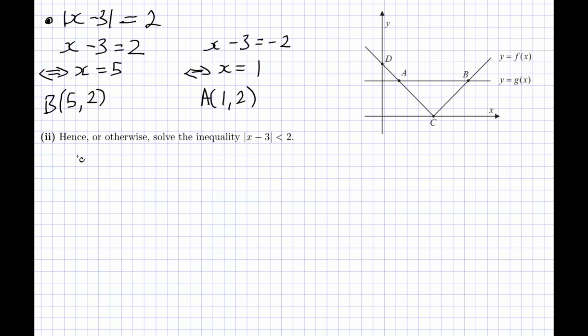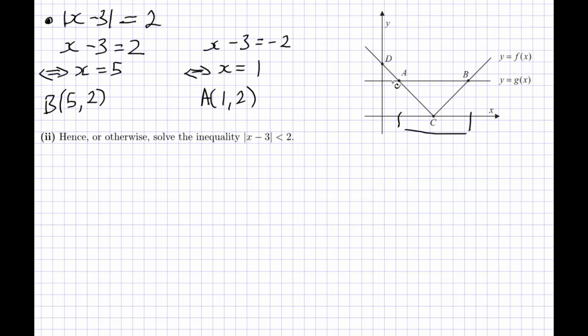Now we're told hence or otherwise solve this inequality, and usually hence is quite a bit easier if you can figure out what the hence is. And in this case, we already figured out where the modulus of x minus 3 is equal to 2, and now we have to figure out where the modulus of x minus 3 is less than 2. If we take a look at our graph, that's all of this here.